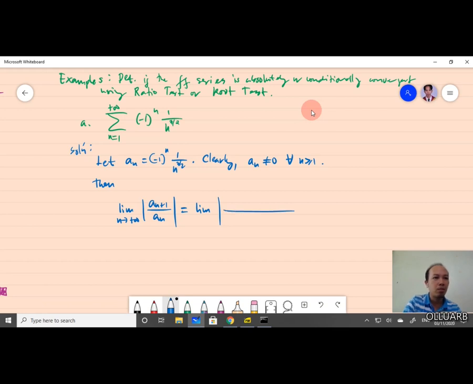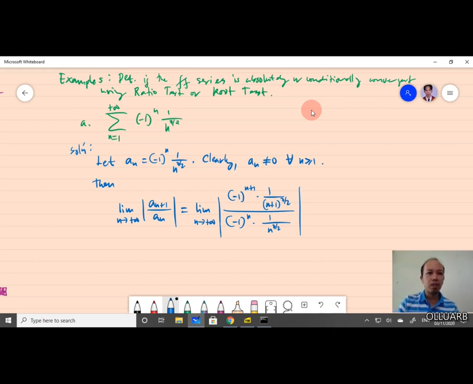So we have n plus 1 here, so we have negative 1 to the, replacing n by n plus 1, so we have negative 1 to the n plus 1 times 1 over n plus 1 to the 3 halves, divided by a sub n, which is negative 1 to the n times 1 over n to the 3 halves, as n approaches positive infinity.